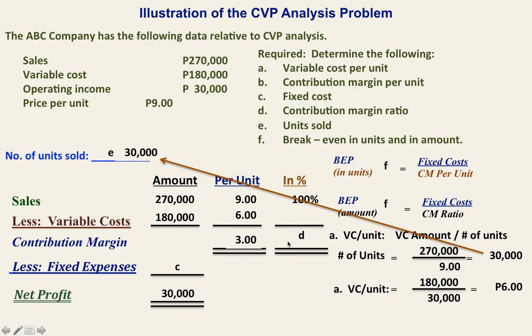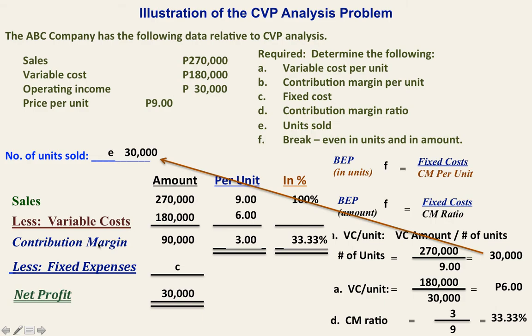And letter D, you can already compute this by getting the CM ratio, 3 over 9, which will give you 33.33%. Considering that this is 100%, you can get already your variable cost ratio, which is 66.67%.